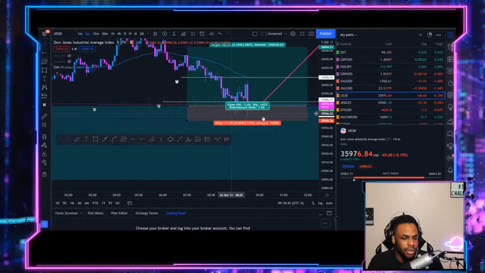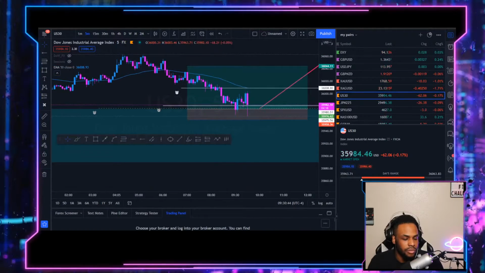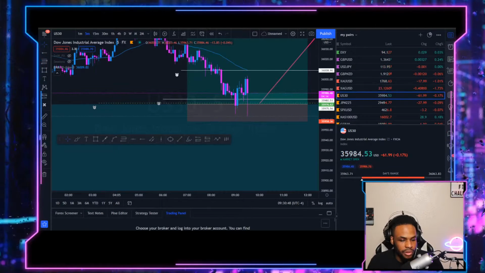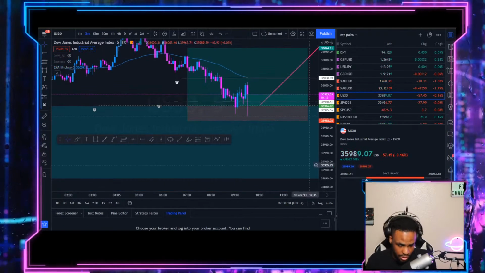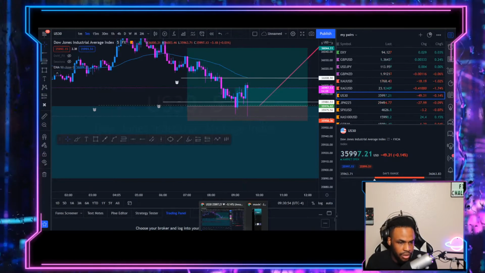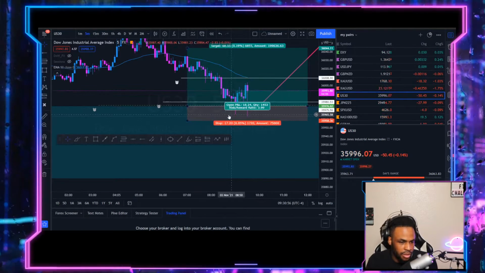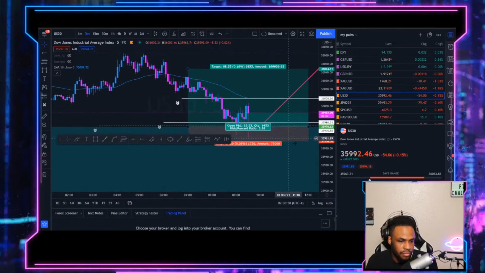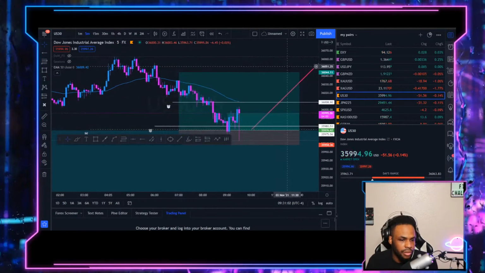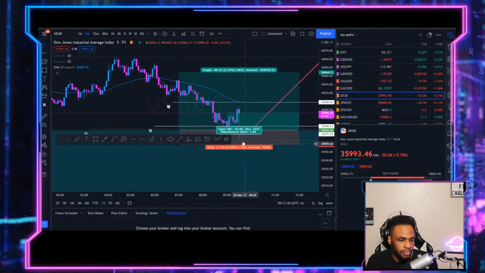Yeah, we took out my initial entry too, which is all the way down there. So we only lost about 150 bucks on that. We were targeting 1500 on it, so in theory it would have been about a 1 to 10 at that point. I'm not about to chase this trade. I would have hit another buy and let it go up, but that is crazy.